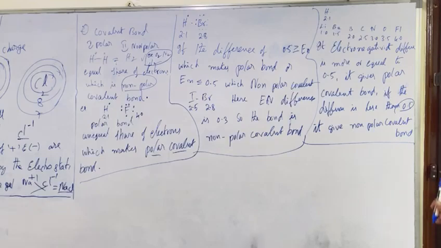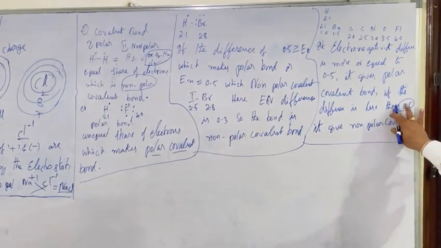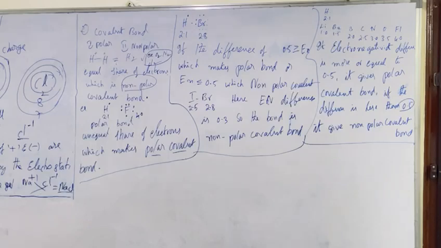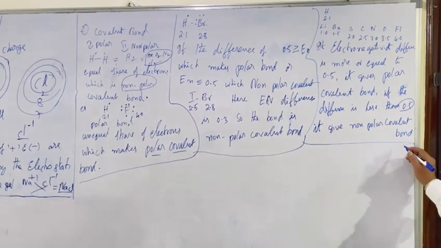If the difference is below 0.5, we get a non-polar covalent bond. The same element can give covalent bonds, but it is a non-polar covalent bond. Different elements can give polar bonds, but the electronegativity difference must be more than 0.5. Then only will you get polar bonds.